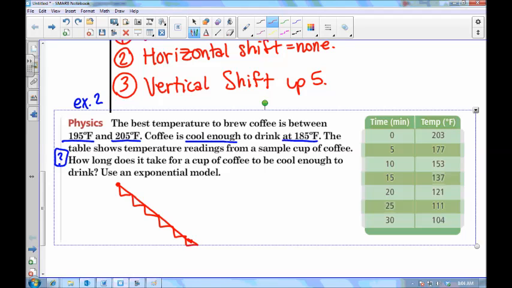You think that's what happens? No. What do you think happens? Oh, so you think at the beginning it cools faster and then it gets less and less? So it has a steeper slope and then it gets less and less? Any other ideas?